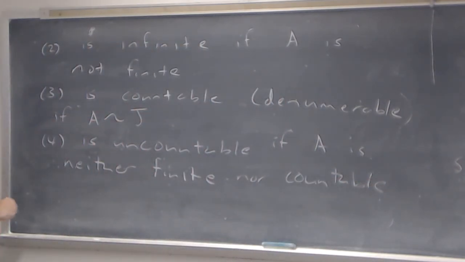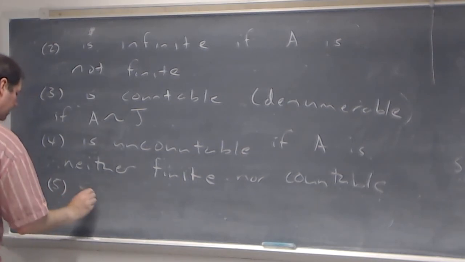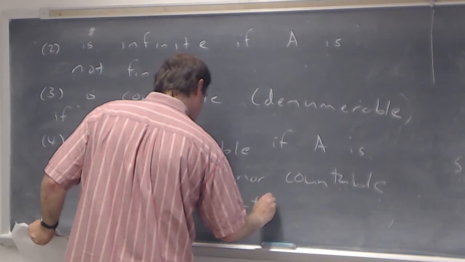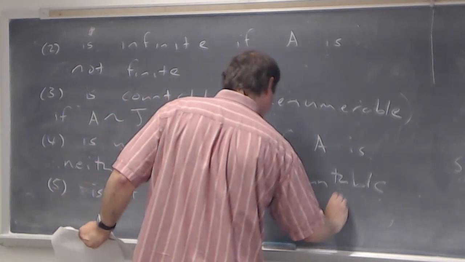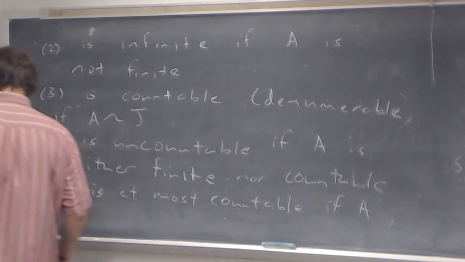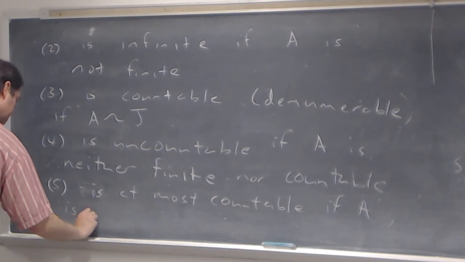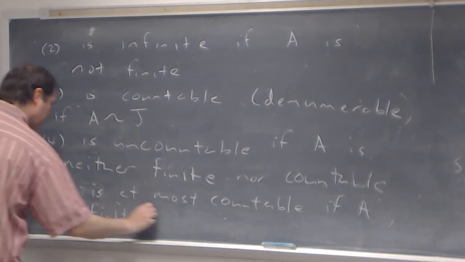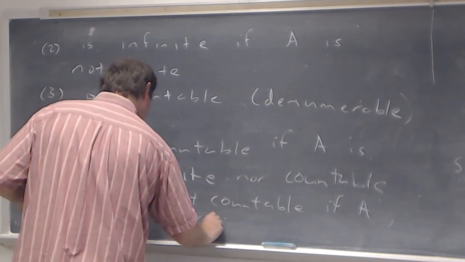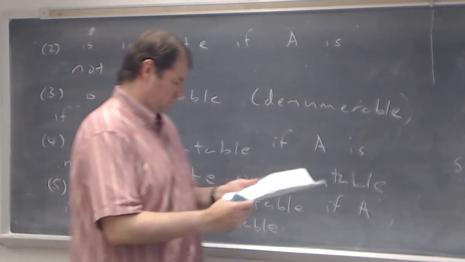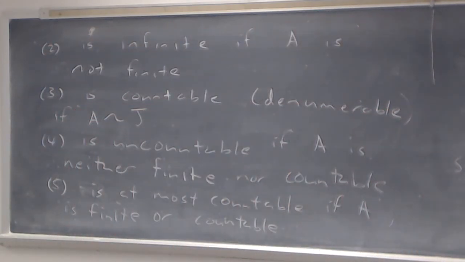And then fifthly, A is at most countable if A is finite or countable. Okay. Let's do one example and then call it quits for today.